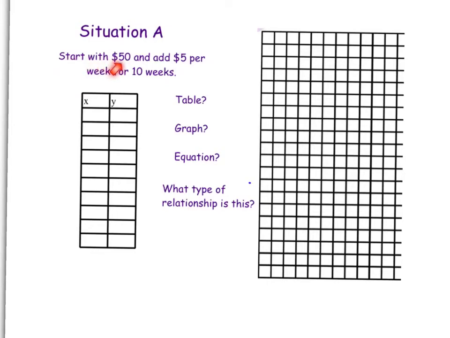So start with $50 and add 5 per week for 10 weeks. So we start with, at week 0, we have $50, and every week we are adding an extra $5.